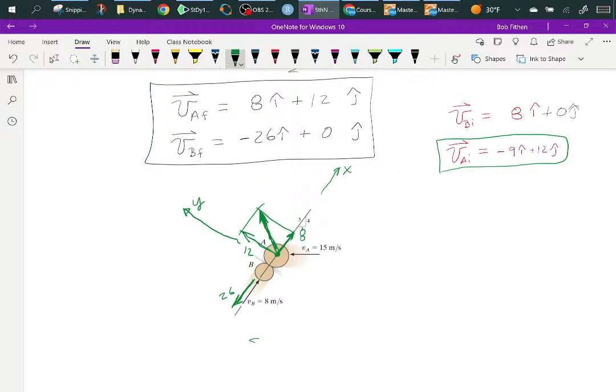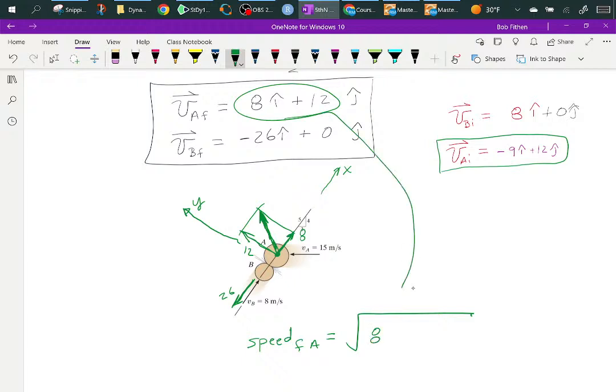So the speed final of A is going to be the square root of 8 squared plus 12 squared, which is probably not going to be an integer, 14.4222.